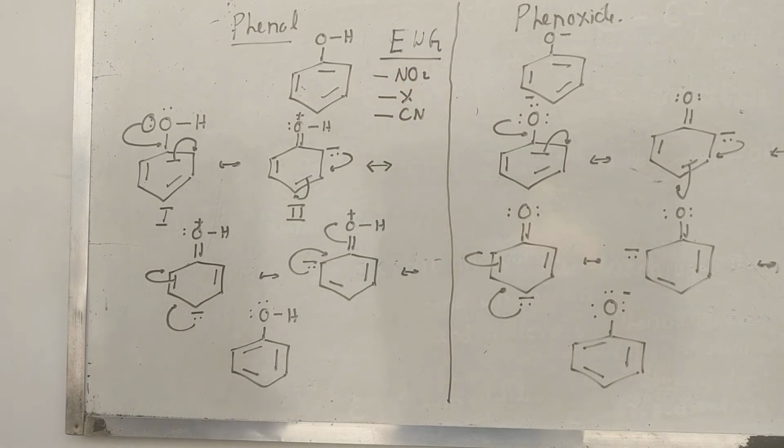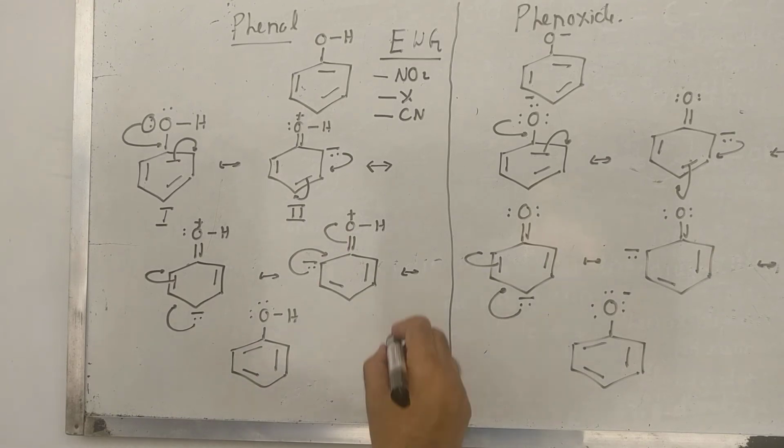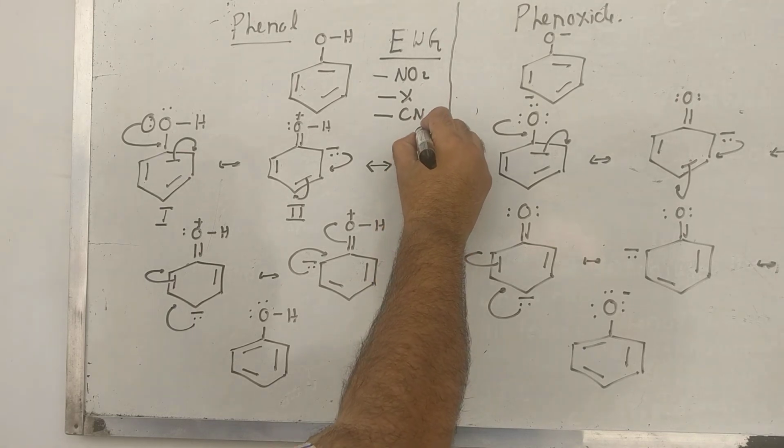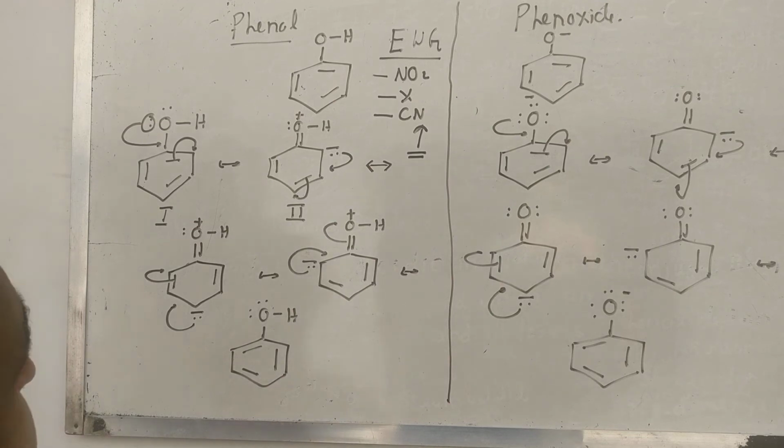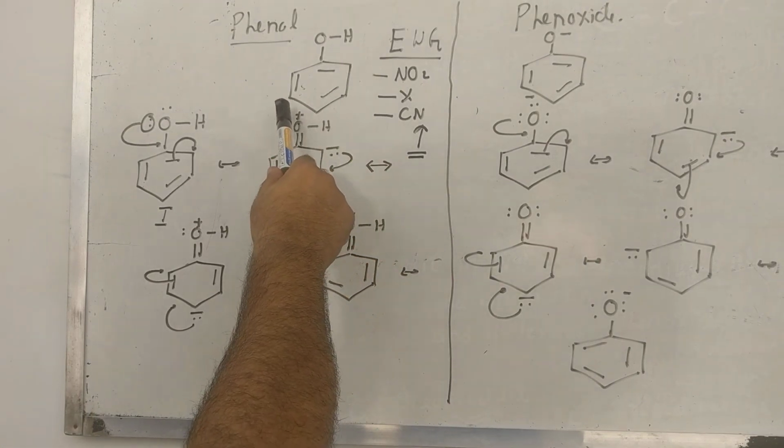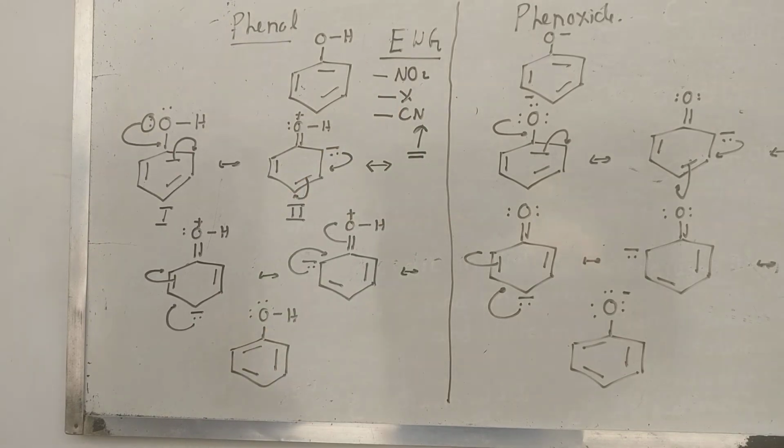So on the benzene ring of phenol, if you put electron withdrawing groups, NO2, X and CN, it has been found all these groups are going to increase the acidic nature of phenol. These include NO2 group, halogens like fluorine, chlorine, bromine, iodine, and cyanide group.